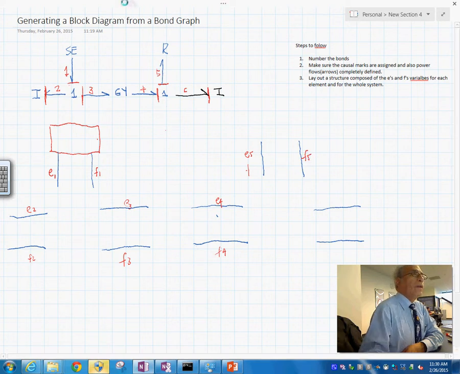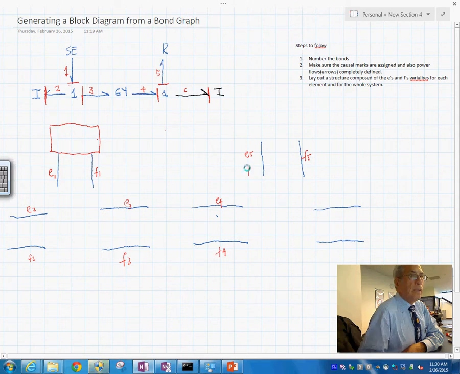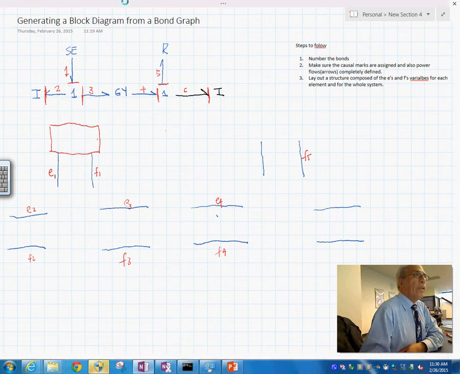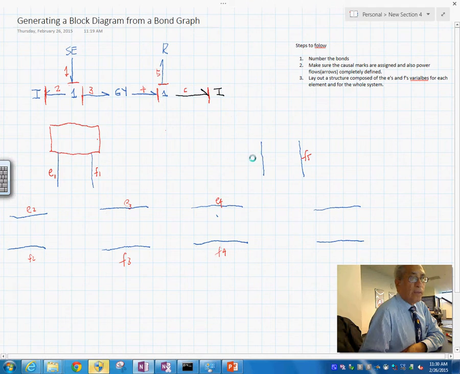Let me make sure I erase that little thing in there so it doesn't get confusing. I erased too much, but no problem, we'll put it back. This is e sub 5. And then this is going to be e sub 6 and f sub 6.